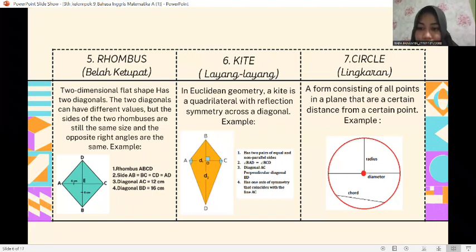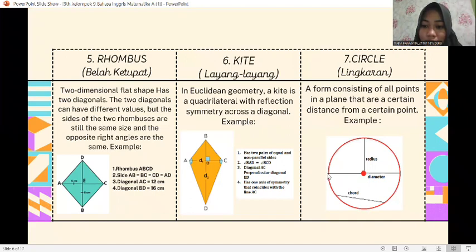Example, from the picture circle, we know from here to here is radius. So from here to here equals radius. From here to here equals diameter.